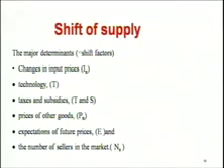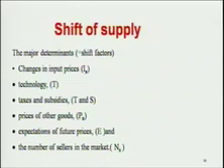Suppose input prices go up or down, then the supply curve turns either to the left or right. Similarly, technology, tax and subsidies, and prices of other goods. All these factors would influence shifting the current supply curve either to the left or right.